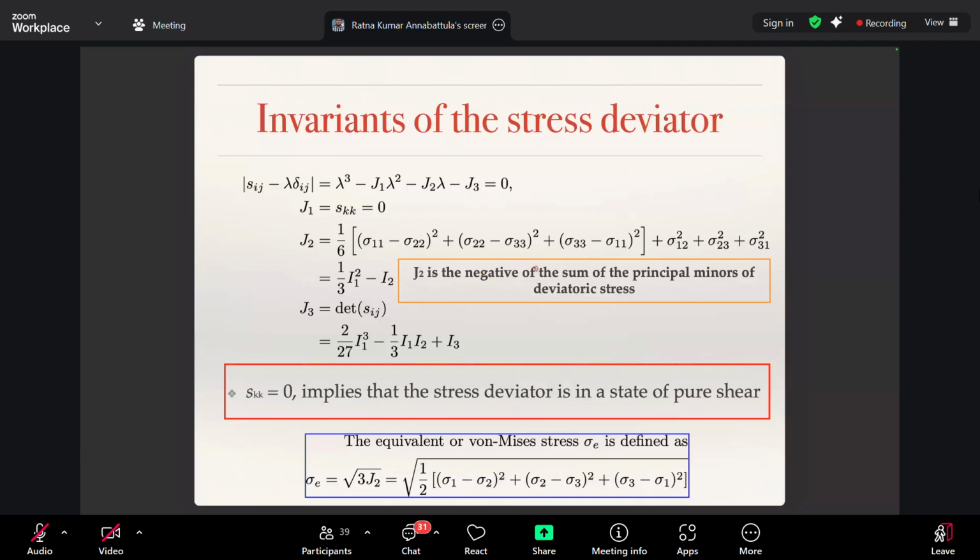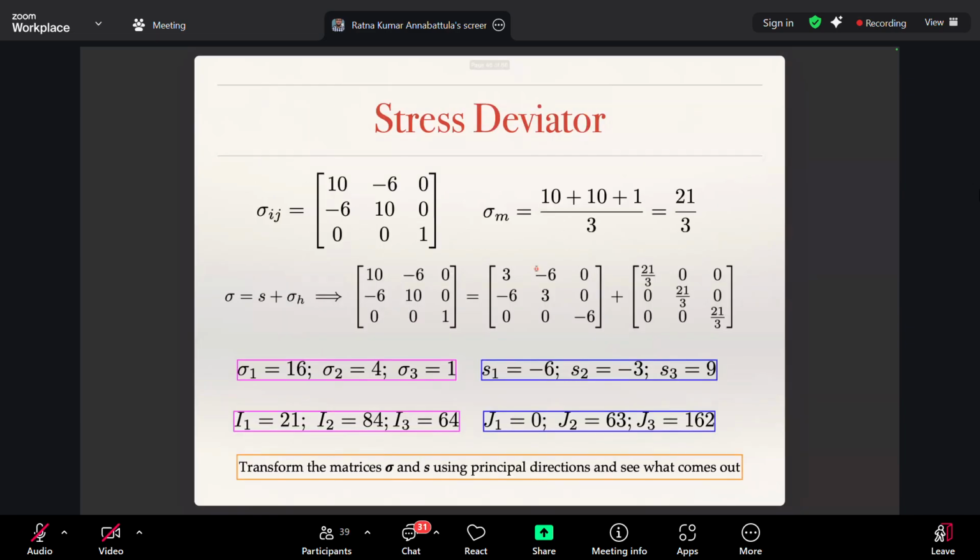Exactly, sir, I got the point. The sum of the principal minors of the deviatoric stress tensor will always be a negative quantity. Oh, that's fine, because that will also indicate whether the calculation is going in the right direction. Correct. Clear?